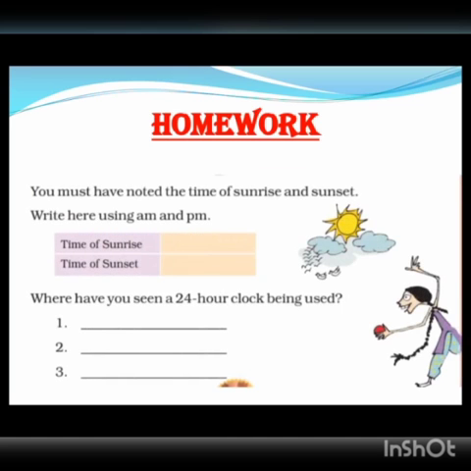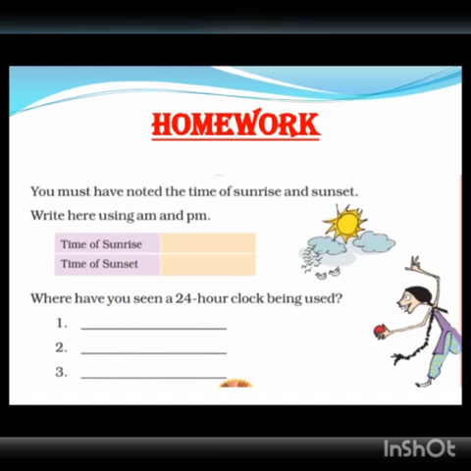Now it's homework time. Kindly refer to page number 51 for this homework. First question, you must have noted the time of sunrise and sunset. Find out the time of sunrise and sunset.